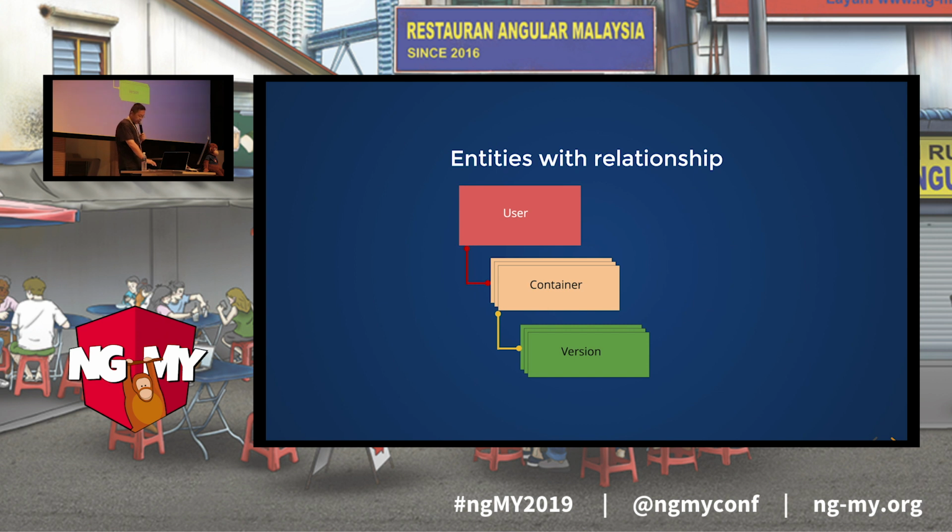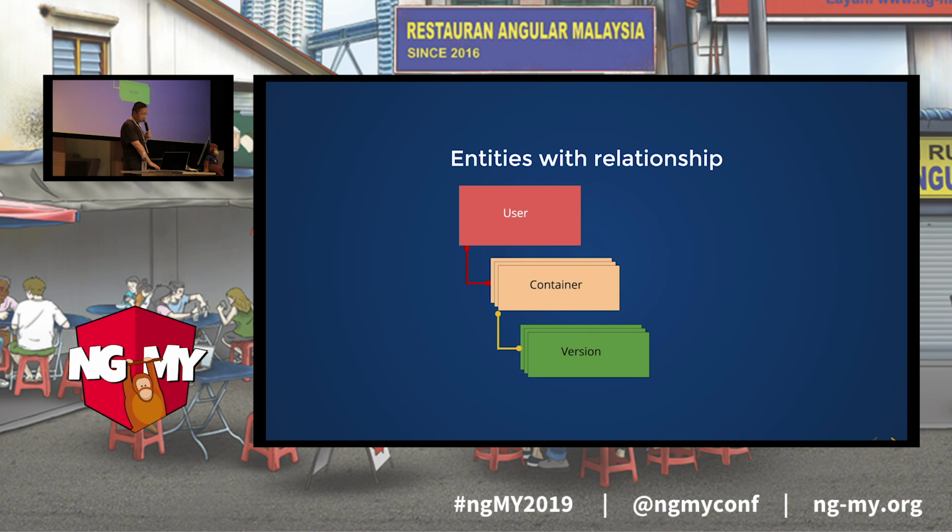And something NgRx-data has not implemented. The biggest one is relationship entities. This one is very important in business applications because in most cases, we don't have a single entity. We have a lot of entities, and they have relationships, for example, one-to-many relationships, many-to-many relationships.